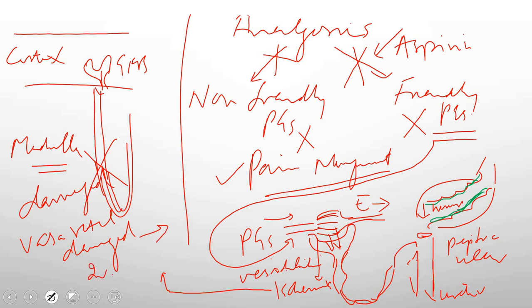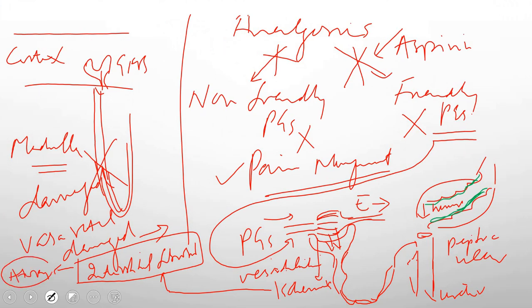This interstitial fibrosis will also be associated with tubular atrophy as well.